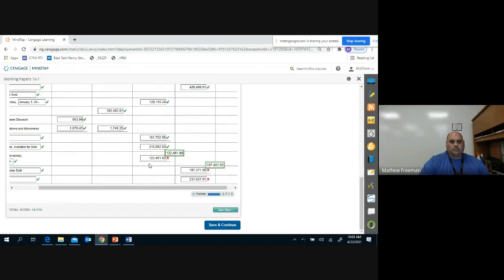That's what you're seeing right there, a $40 difference. 6 and 9 is 3, so that increases by 30.